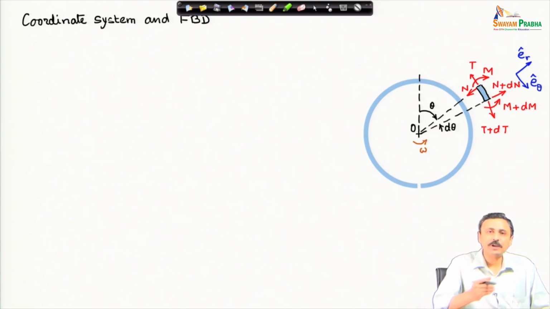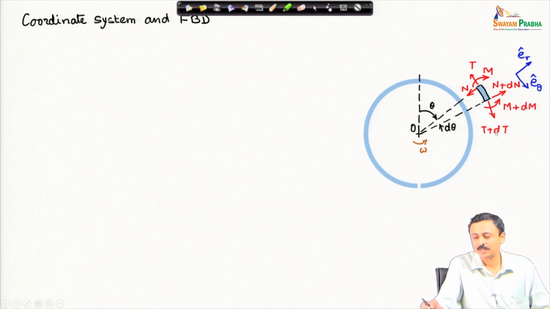Because these forces are varying with theta, I have shear force on the face at theta as N, and at the face of theta plus d theta I have the shear force N plus dN. Similarly, for the tension on the face at theta it is T, at theta plus d theta it is T plus dT, and the same way for the bending moment.